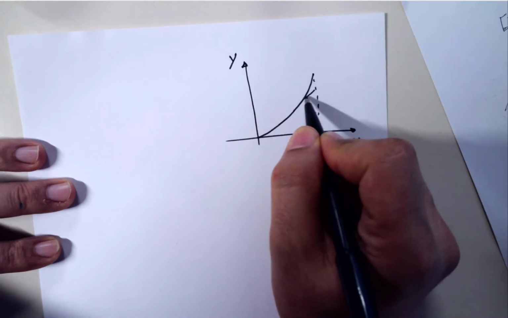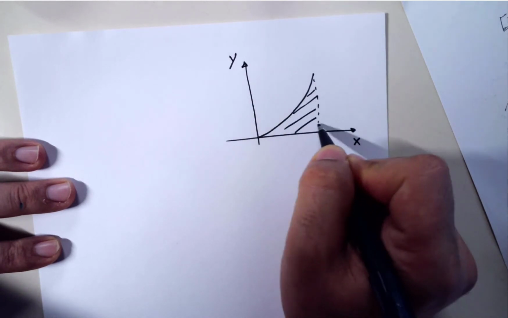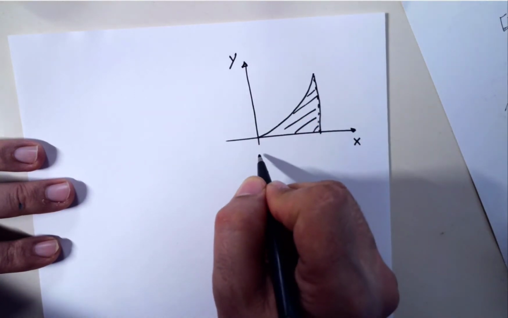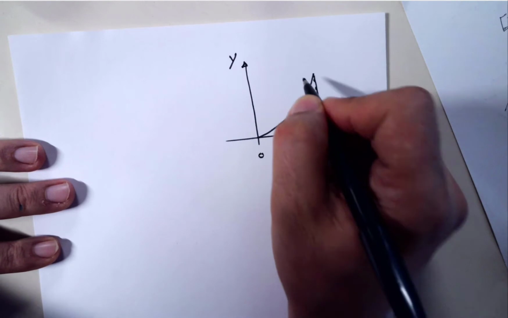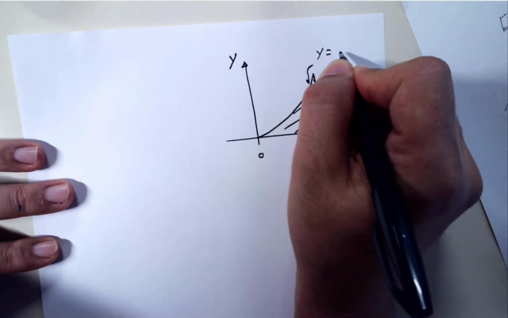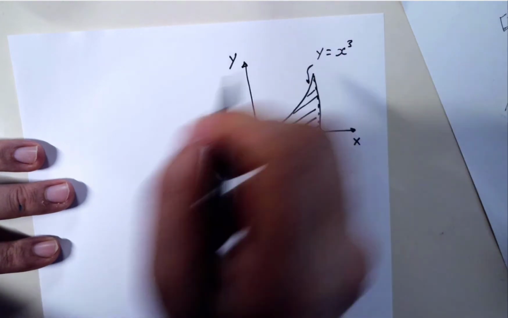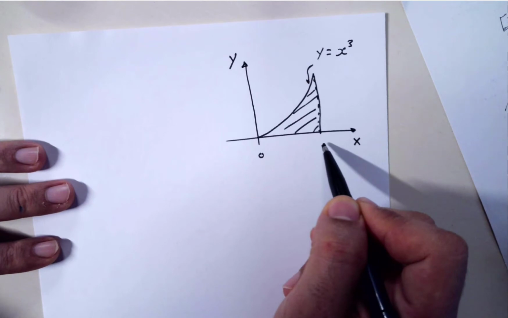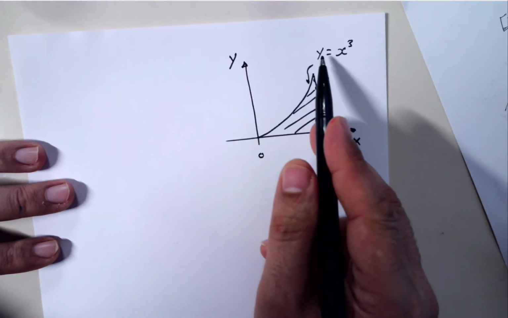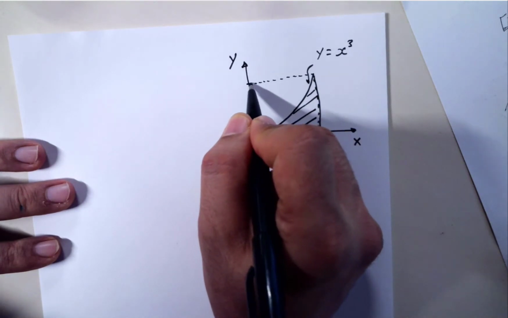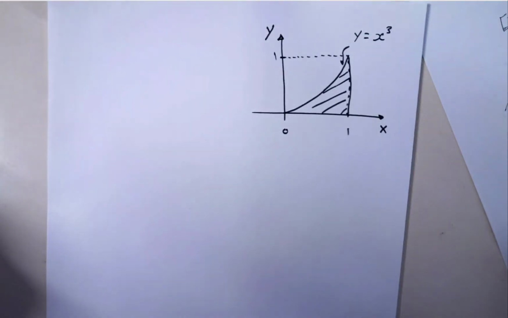We are interested in finding the CG of this function, the shaded one, that is bounded from 0 to 1, and this function is y equal to x to the power 3. So the magnitude of the y at 1 is y equal 1 cubed, so therefore this is also 1, right?